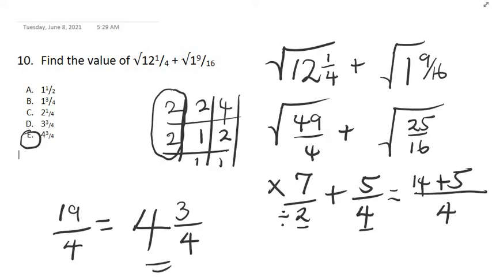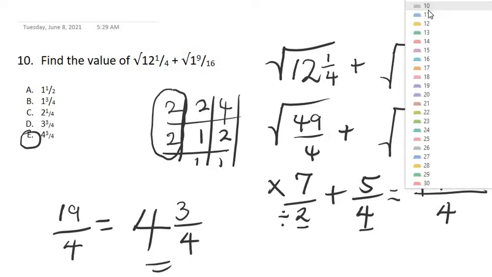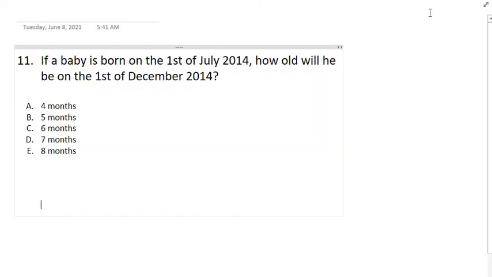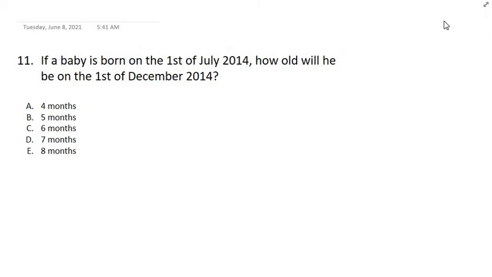Okay. Question 11. If a baby is born on the 1st of July 2014, how old will he be on the 1st of December 2014? Let's gently count that.